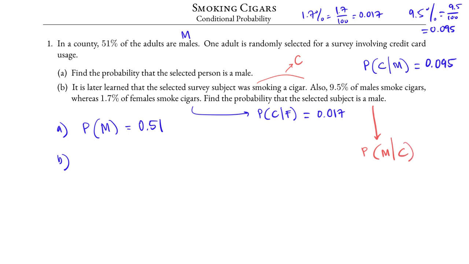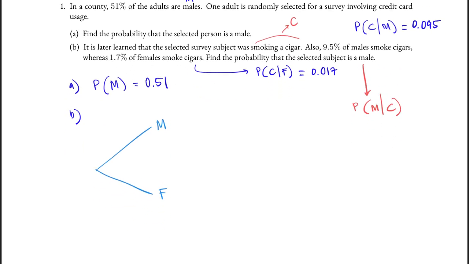Again, this is a conditional probability, P of M given C, not the same as P of C given M. Because of the given information, where we know something about the gender, given male, given female, the first stage in the tree diagram has to be selecting a male or not a male, which is a female.